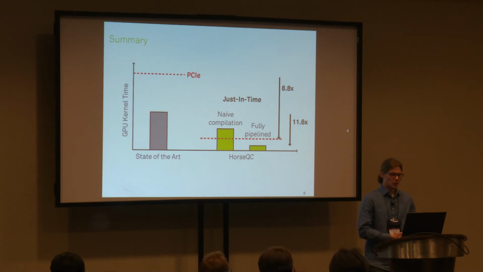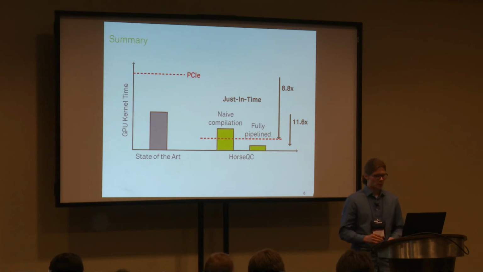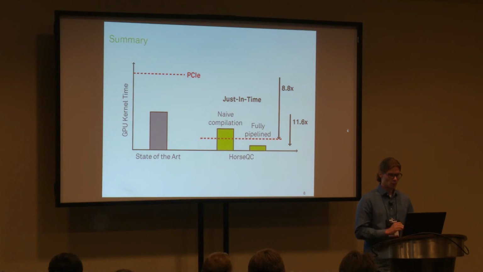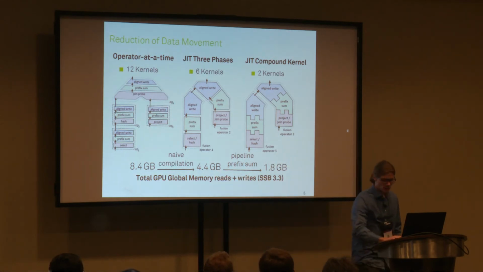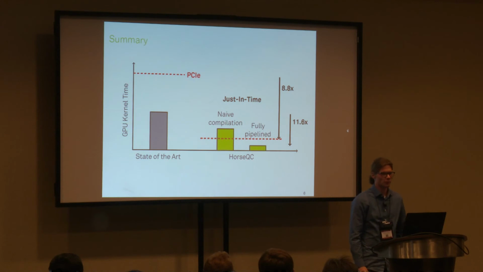When we apply compilation in a naive way, we reduce the kernel execution time on the coprocessor, but not to an extent that goes below the PCI Express time. But when we use pipelined prefix sums, we can fully pipeline the processing in each operator pipeline, and we achieve a reduction in memory access volume, and this is the reduction in the execution time by a factor of 11.6x.